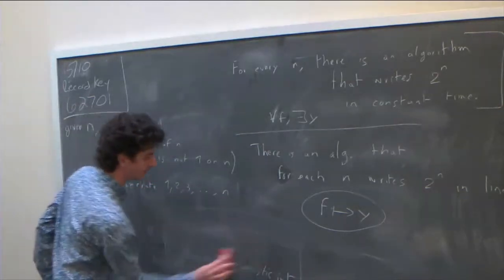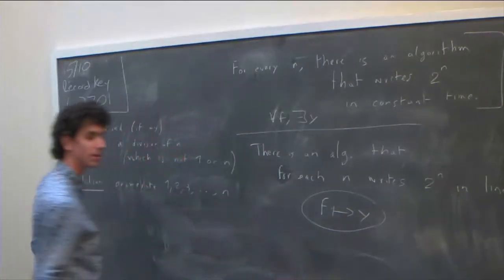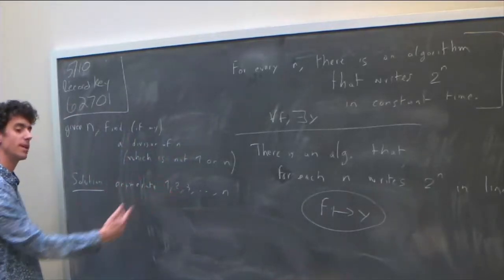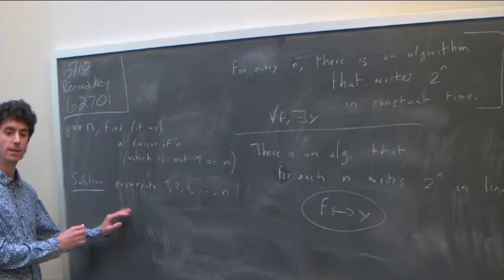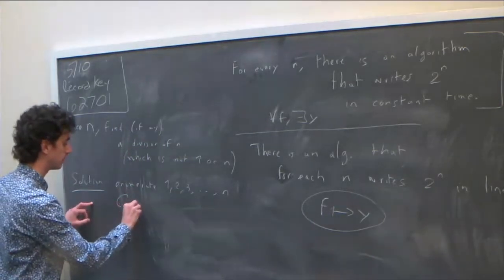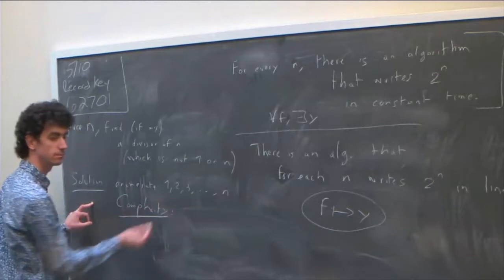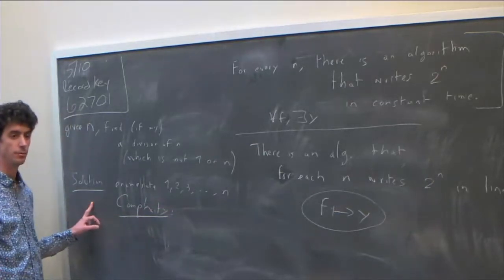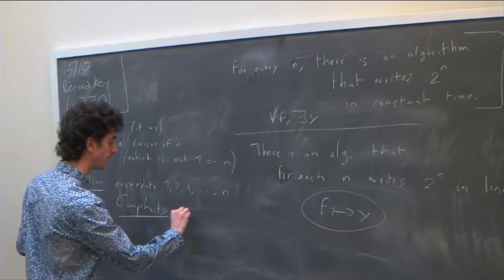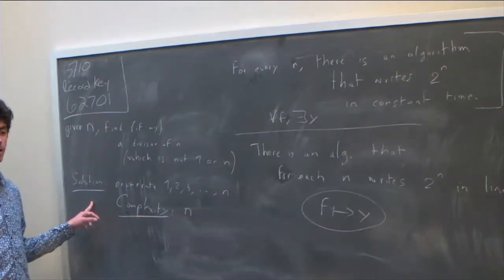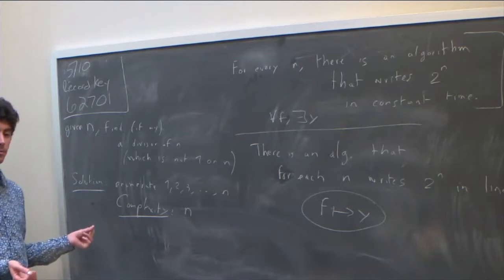And of course, you could say, okay, this works, but it's not interesting, because if I measure the complexity like this, what's going to be the complexity of this algorithm? Well, in the worst case scenario, you enumerate all the numbers up to n, so it's n.